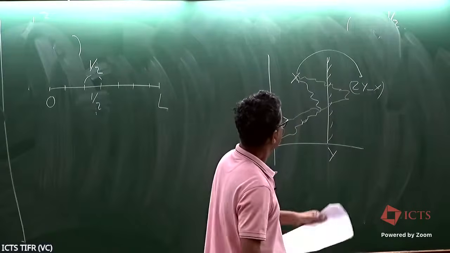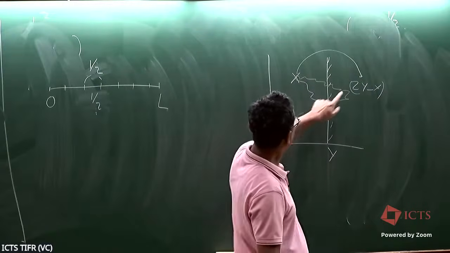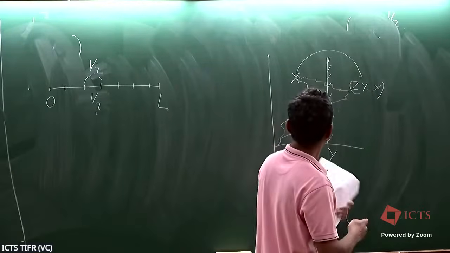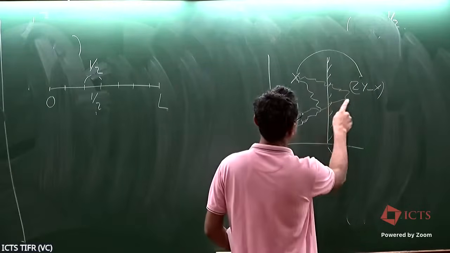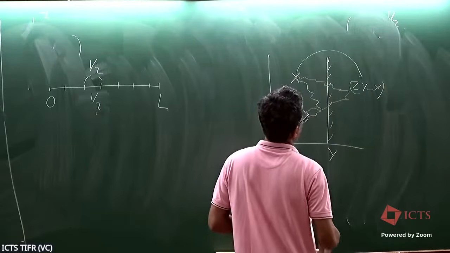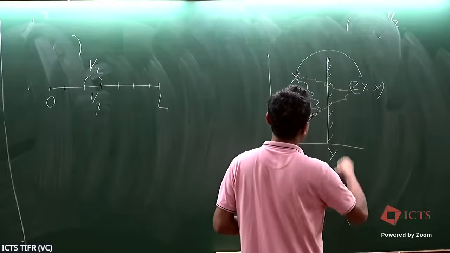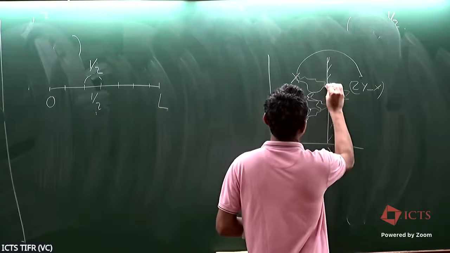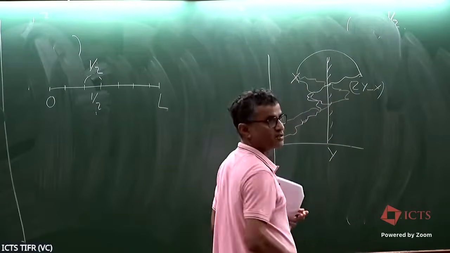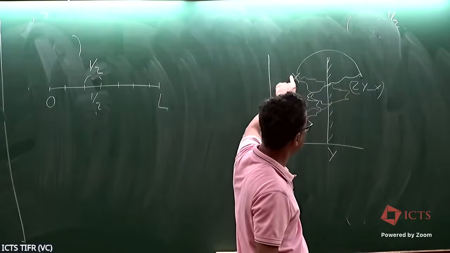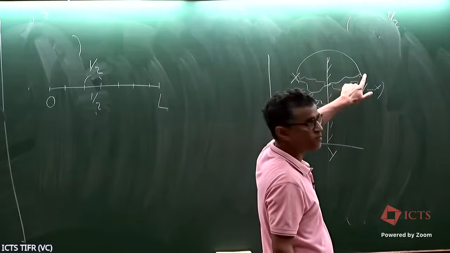Okay, so supposing you ask for all paths which go to this point. Now what you can see is that for every path like this, there will be an image path which looks like this, which ends up at this point. So for all the wrong paths that landed up here, there will always be a path which goes here.